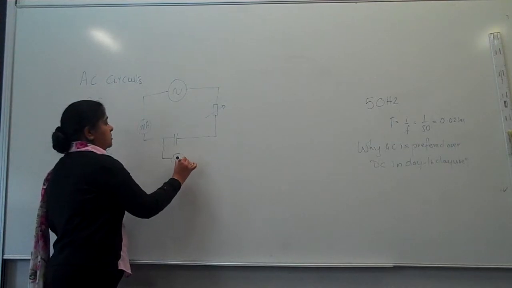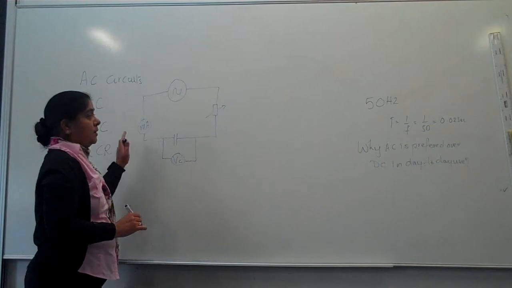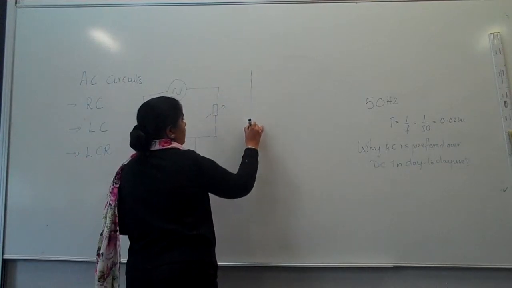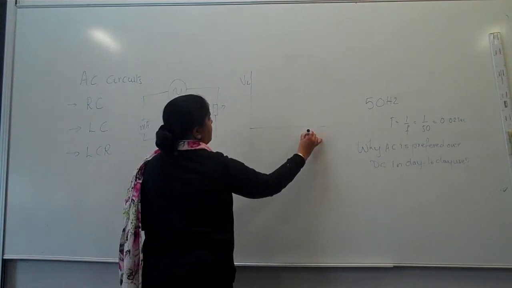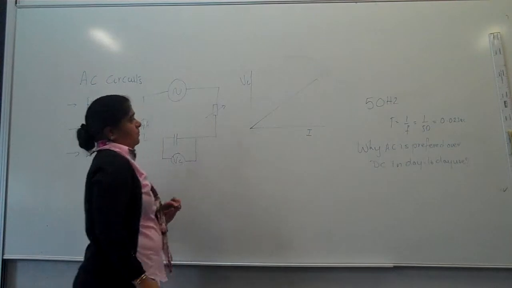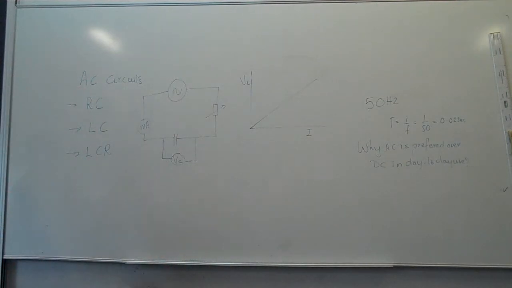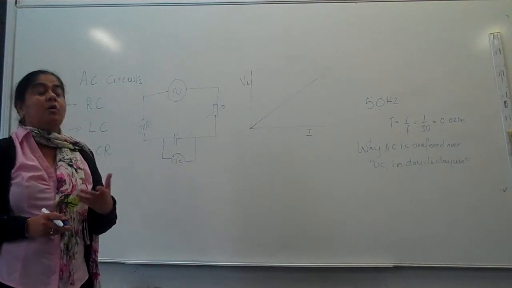So if you measure this voltage at different resistance values and the current, and plot a graph of voltage against current, the graph is a straight line. Voltage-current graph, straight line. Does this remind you of something? Ohm's law.